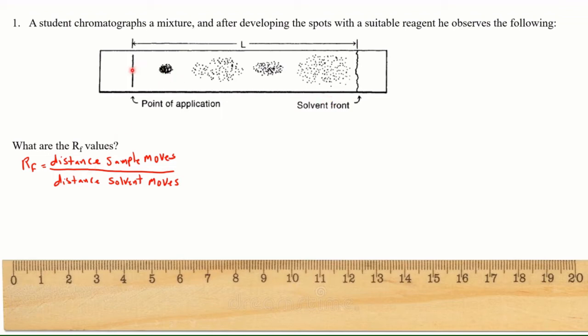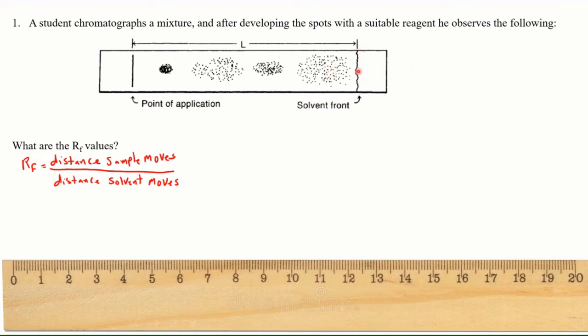I need to know the distance the solvent moved. So here, this is where I stopped the solvent. And again, the solvent is usually also stopped 1 centimeter from the edge of the paper, because if we allow the solvent to travel further, then these substances will continue to travel, and the ones that are highly soluble may fall off the paper, and we will not be able to see them once we develop the chromatography.